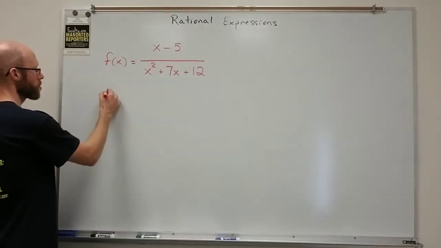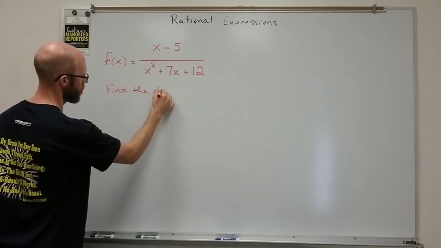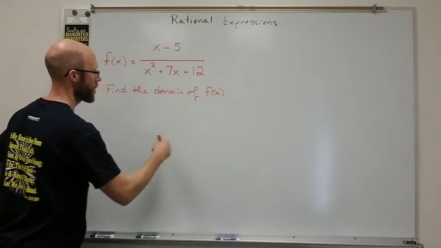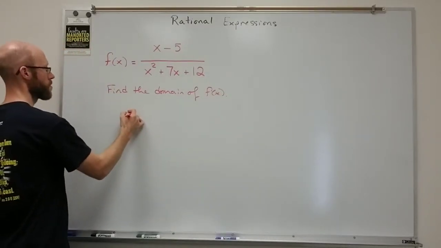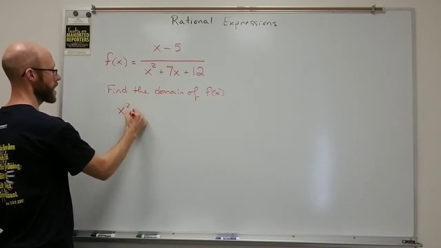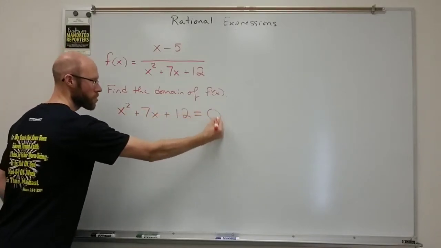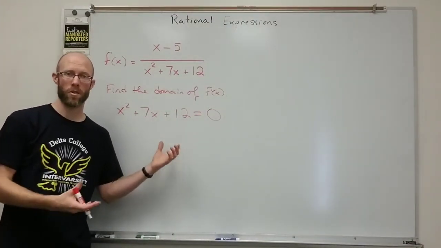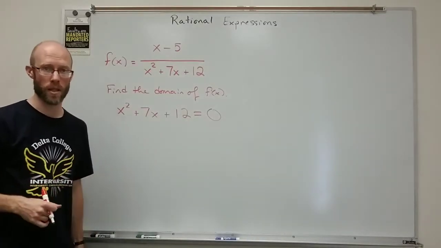And if I want to find the domain of f of x, well, the domain of f of x is found by simply taking the denominator, setting it equal to 0, solving that equation, and then pulling those numbers out or excluding them.